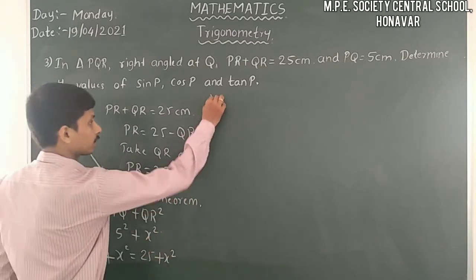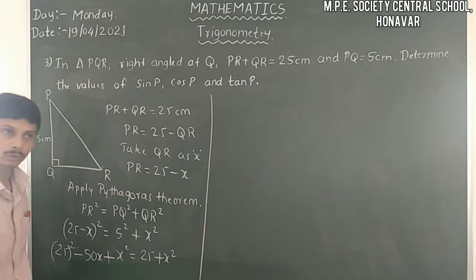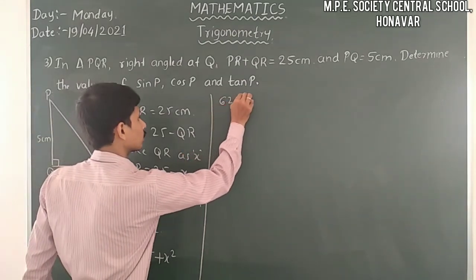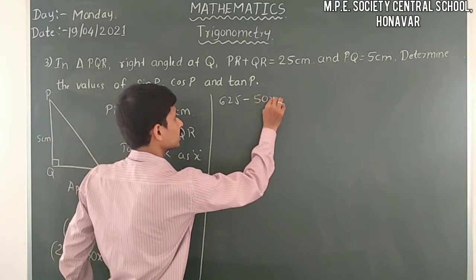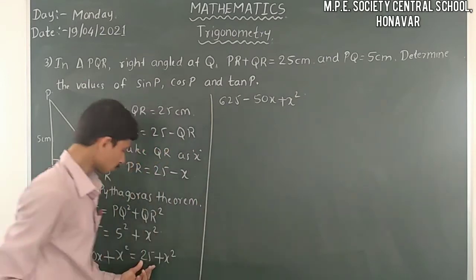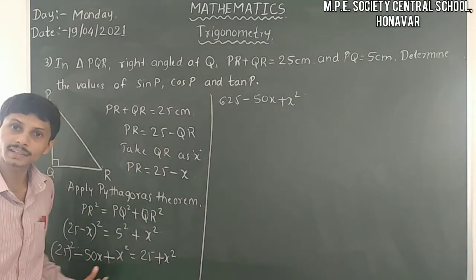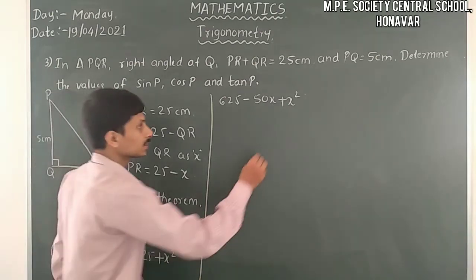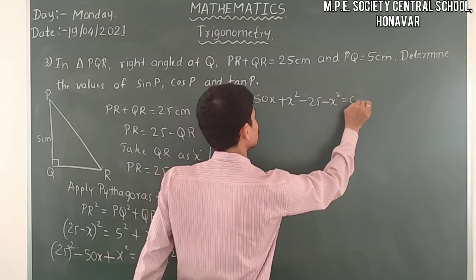Here 25 whole square is 625, minus 50x remains as it is, plus x square. Then 25 plus x square is on the RHS, so take it to the LHS: minus 25 minus x square is equal to 0.